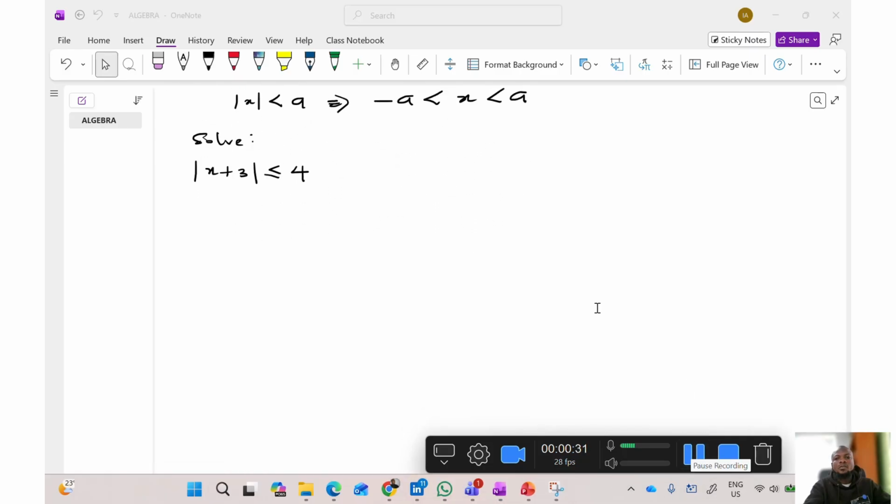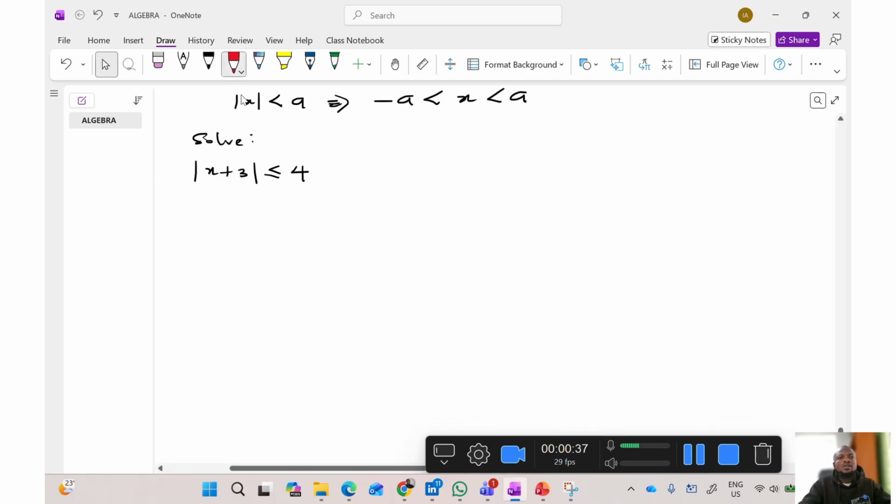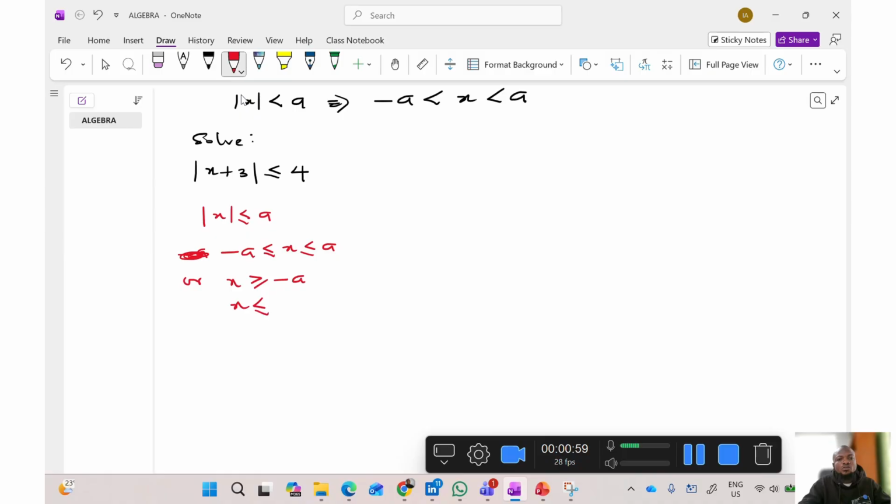Okay, the absolute value of x plus 3 is less than or equal to 4. So recall that if the absolute value of x is less than or equal to a, this implies minus a less than or equal to x less than or equal to a, or you can write it as x greater than or equal to minus a and x less than or equal to a.